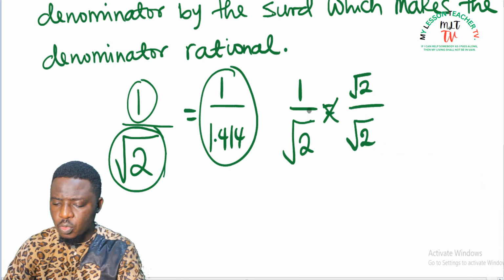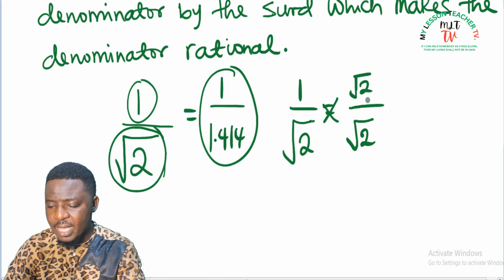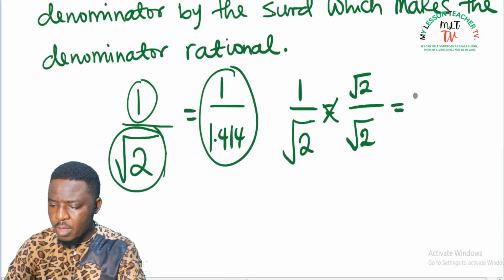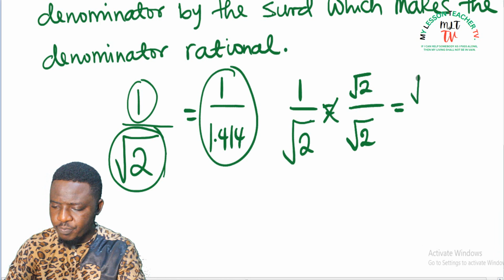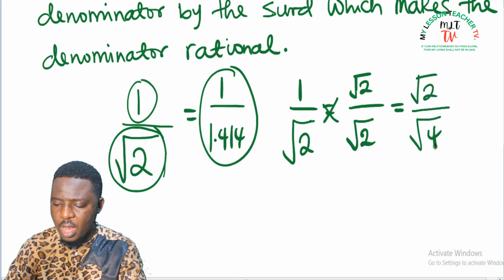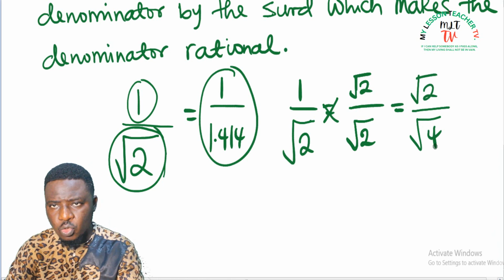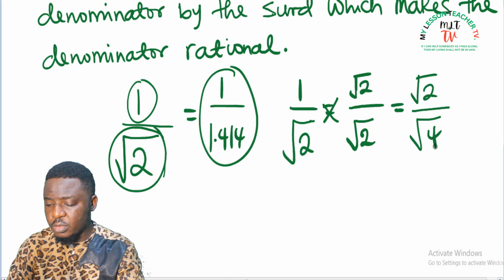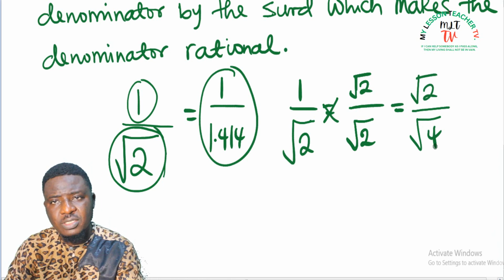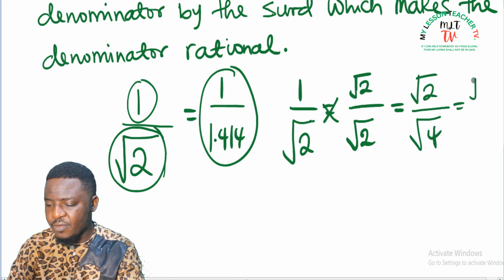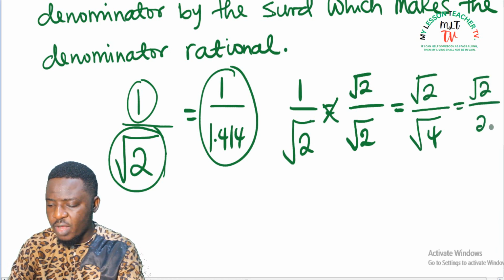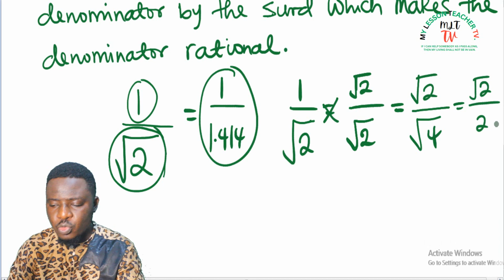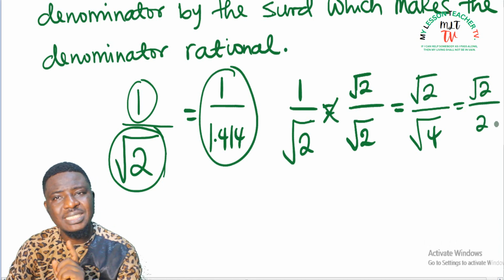So multiplying 1 over root 2 by root 2 over root 2 makes this equal to root 2 over root 4. And just like I told you, this root 4 becomes a perfect square, of which this can give us root 2 over 2. By doing this, I have rationalized the denominator.